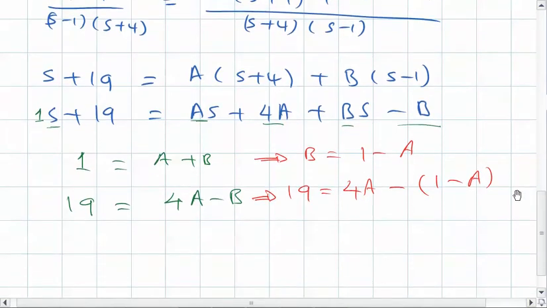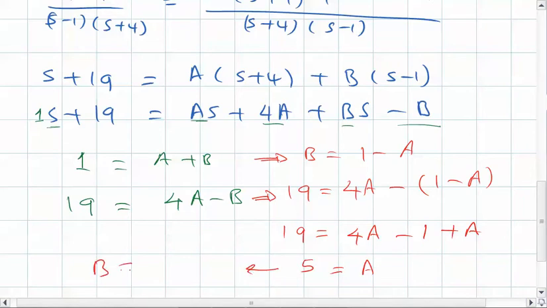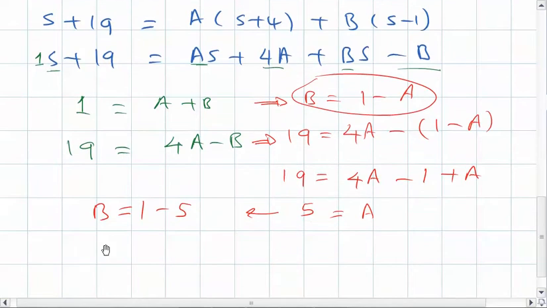Right, so now if I clean that up a bit, I'll get 19 is equal 4a minus, oops, sorry, that'll be minus 1 plus a, and that will give me a is equal to 5, which would give me b is 1 minus 5 from the top equation here, and therefore b is going to be minus 4.